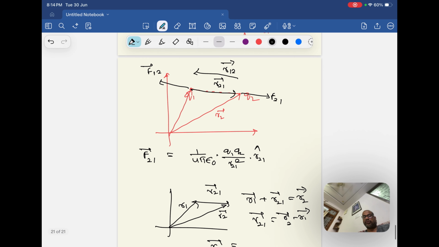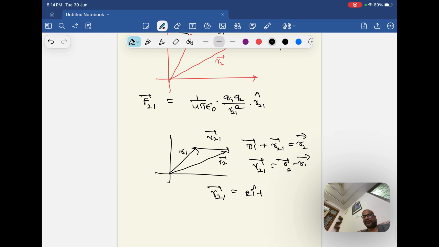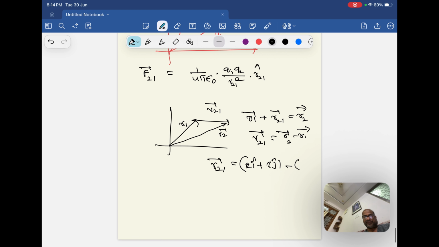R2 is 2i plus 3j, minus R1. R1 we took as (1, 2), so i plus 2j. Are you following? So you can write R21 bar as i cap plus j cap.